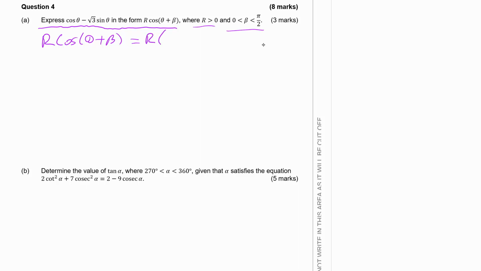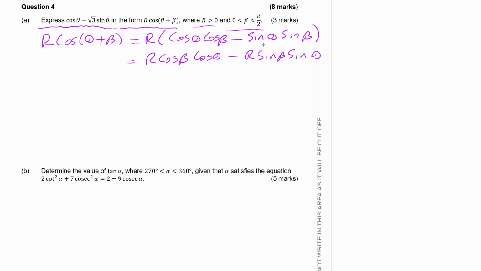So we've got r(cos theta cos beta minus sine theta sine beta). And expanding, that gives me r cos beta cos theta, take away r sine beta sine theta.